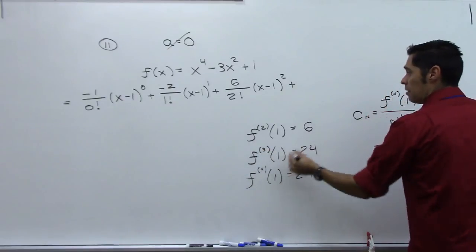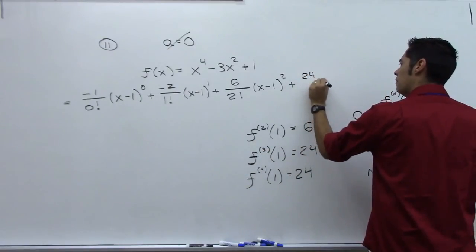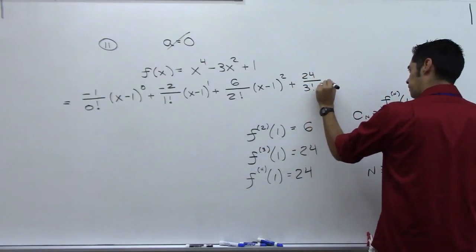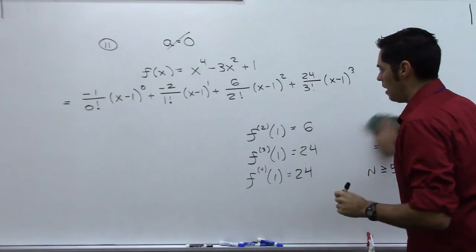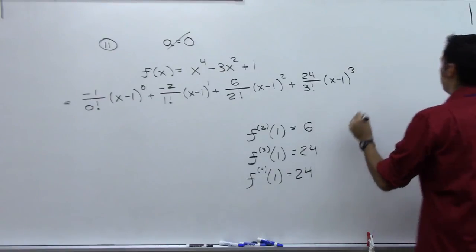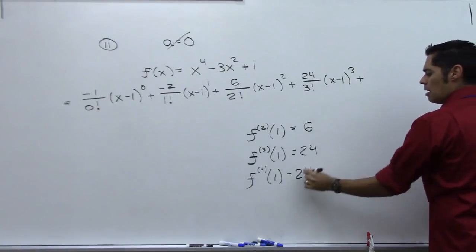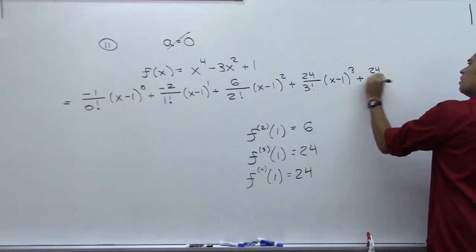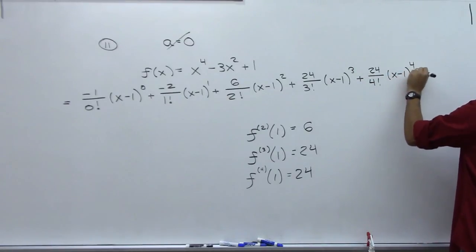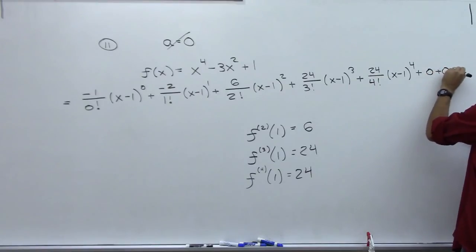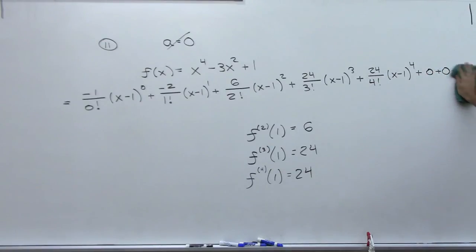Plus, now I'm at my third derivative, so 24 over 3 factorial, x minus 1 to the third. And then I have one more, because everything after this is 0. So 24 again over 4 factorial, x minus 1 to the fourth, plus, and then like I said, just zeros from here on out. So I don't really even need those.